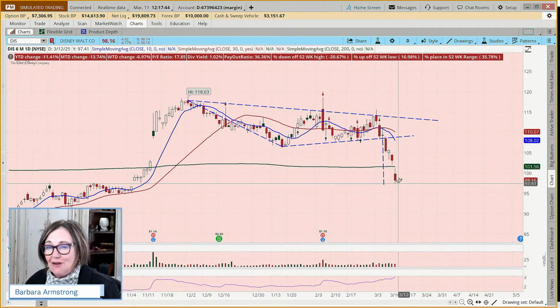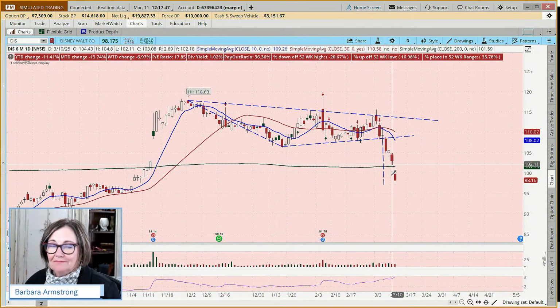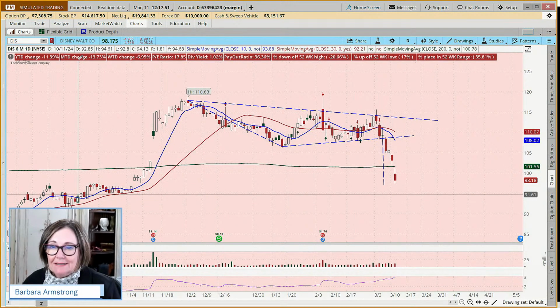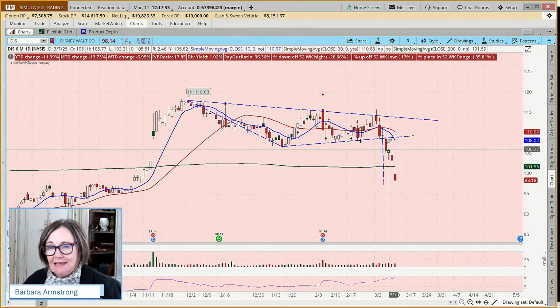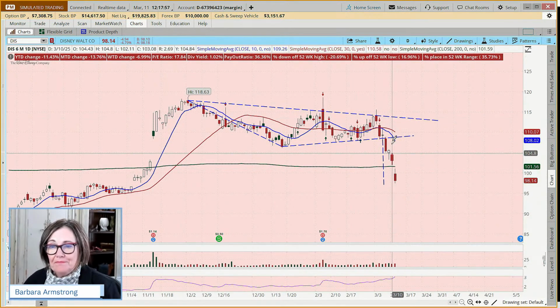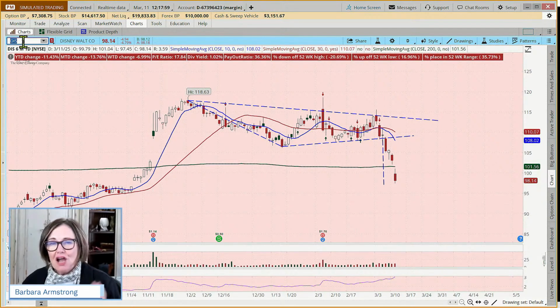Now, do these patterns always play out? They do not. There's no guarantee on any of these. Like, this could have pulled down for one day and then rallied and come back up. So sometimes when there's a lot of uncertainty in the market, people will look at shorter time frames because there is so much uncertainty. Okay, so that's Disney.